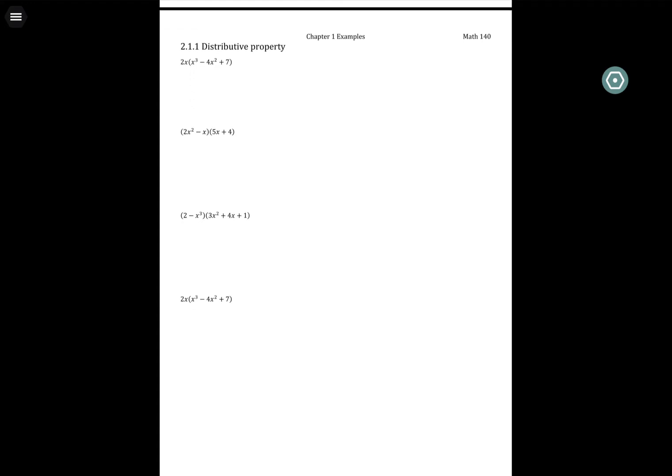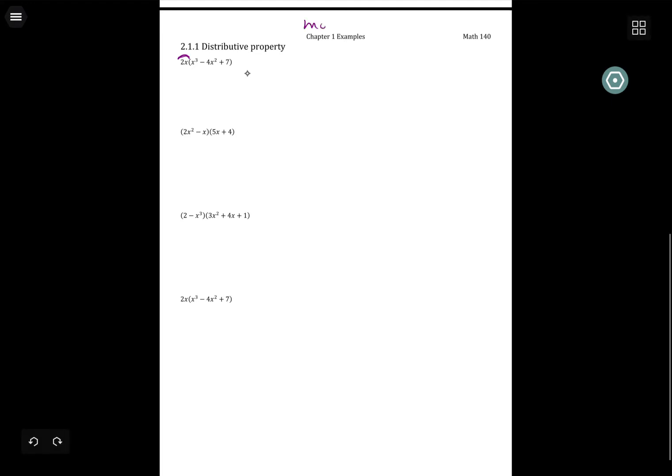Okay, so first one, this one's fairly well behaved. Whenever one of your factors has only one term, so here 2x, there's no addition or subtraction in that. That's called a monomial, only one term. I don't super care if you remember this monomial, binomial, trinomial, but we will use it kind of regularly.